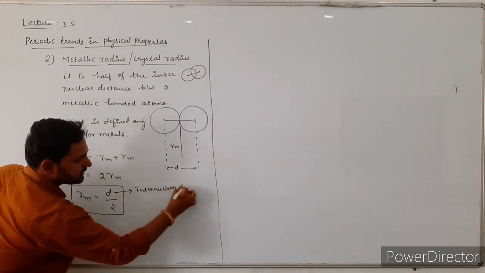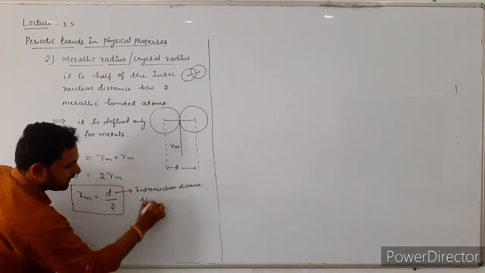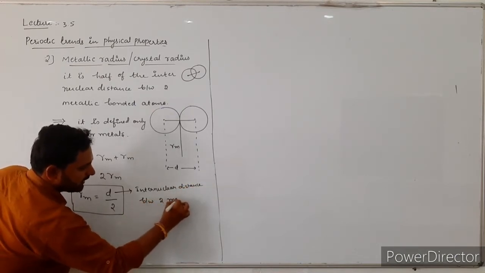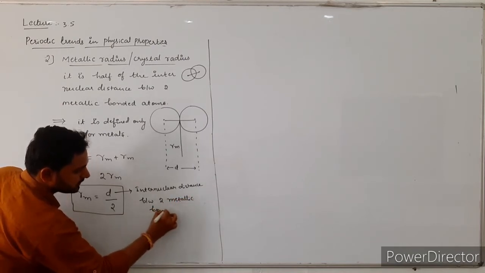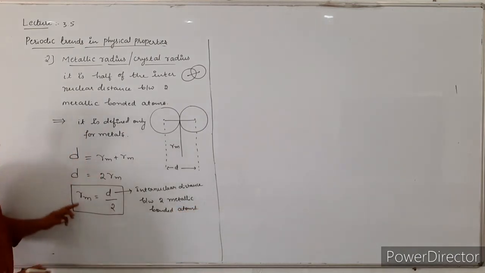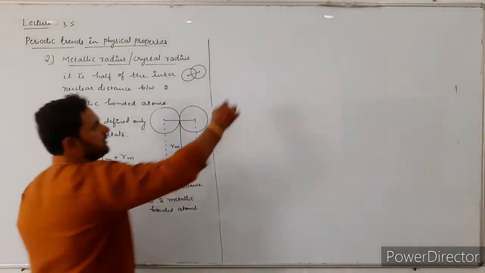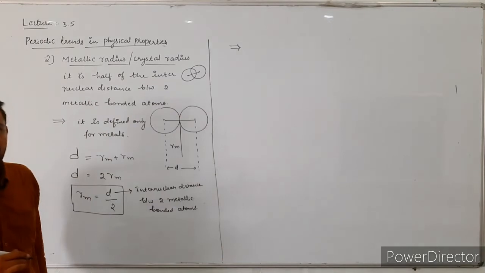Here D means internuclear distance between two metallic bonded atoms. Then what is Rm? Metallic radius. Metallic radius is greater than covalent radius. Why?